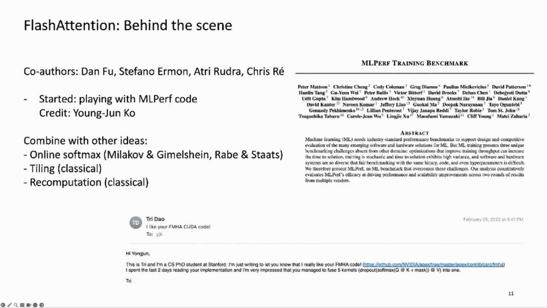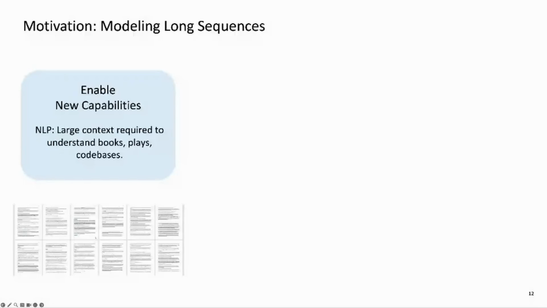Okay, what was the motivation for FlashAttention? One direction we've been pushing on for several years now is to model long sequences. As I mentioned, these are new capabilities that we want machine learning models to have. So why do we want to model long sequences? One is to enable new capabilities.